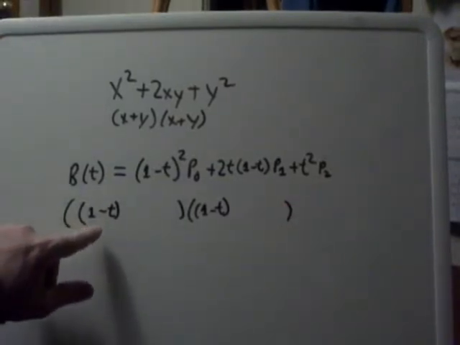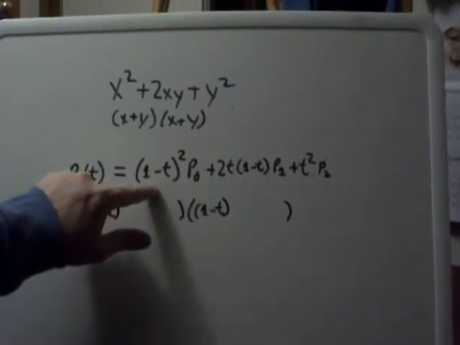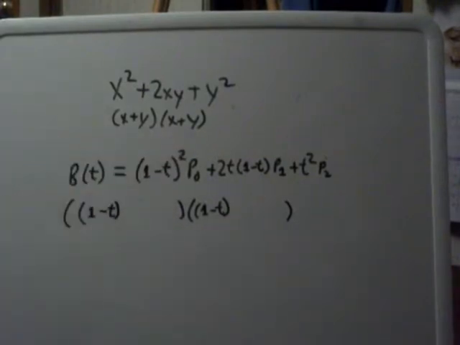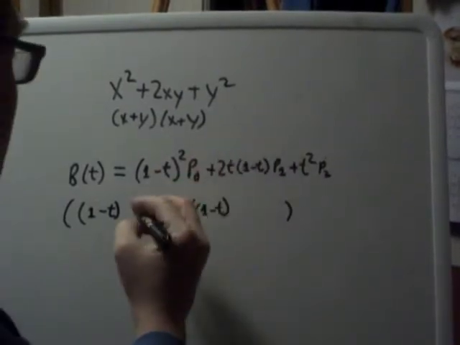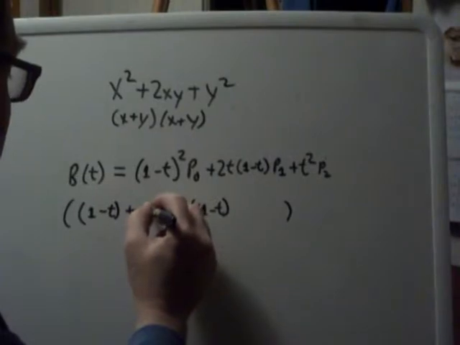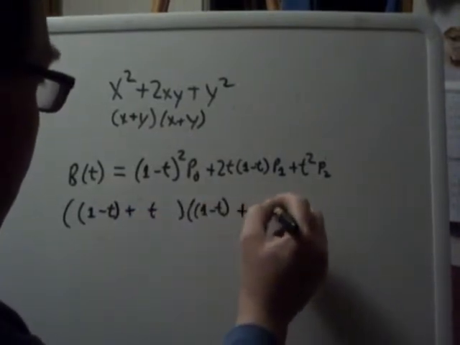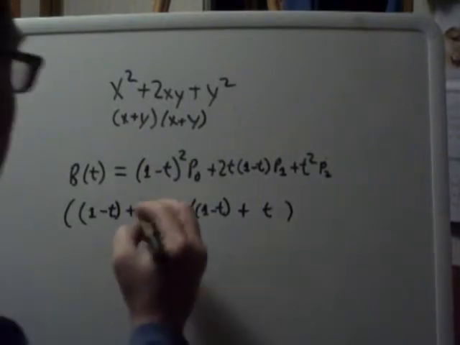Now what happens when you multiply 1 minus t times 1 minus t? You get 1 minus t squared. That's what you get. Okay. Now then, how do you get the t squared over here? Well, okay.